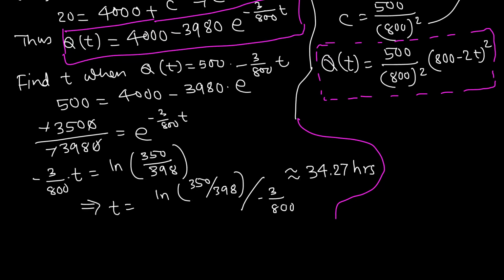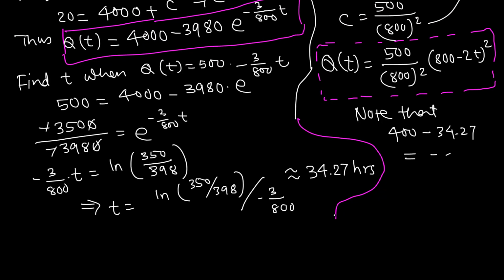Note that for the second process we did not start at 0, we just reset the clock. So 400 minus 34.27 is equal to some number, and we just plug in there.